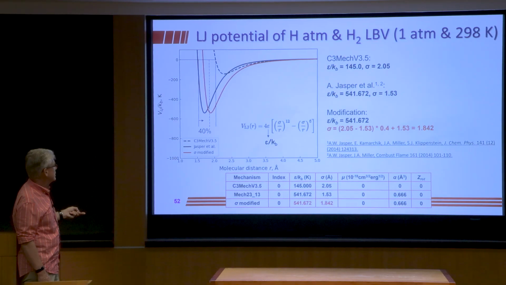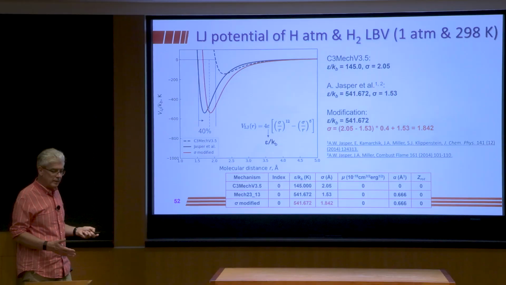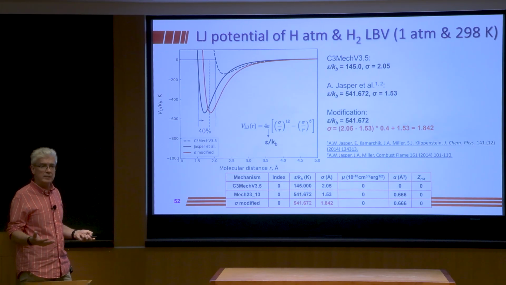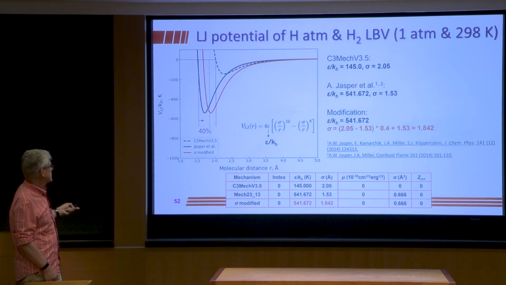Does everybody understand the Lennard-Jones 12-6 potential? Have you studied that? Okay. So there's a potential energy calculation between two atoms. In this case, we have HO2 and the collider, or anything and the collider.